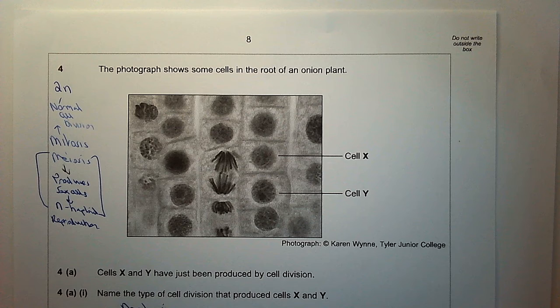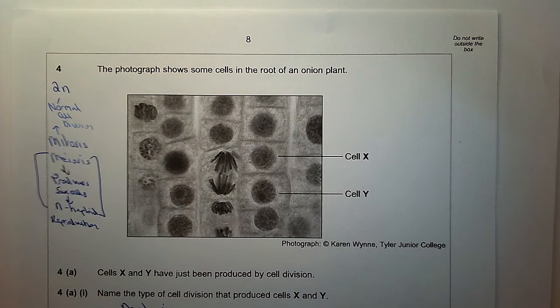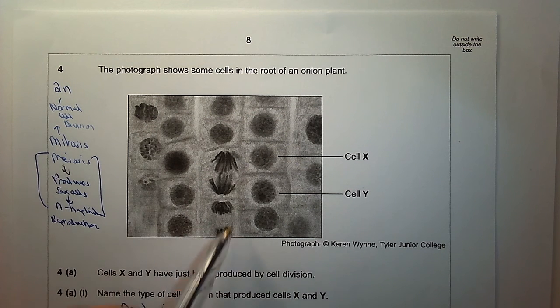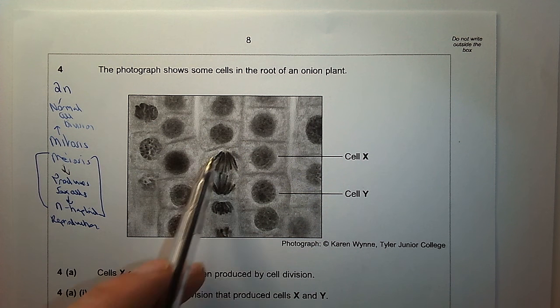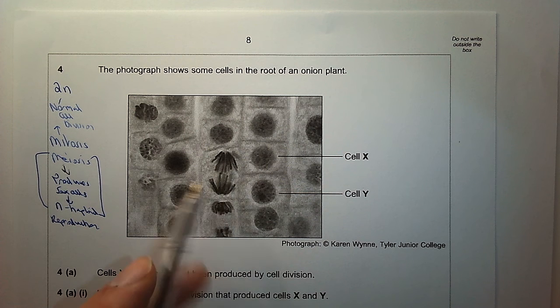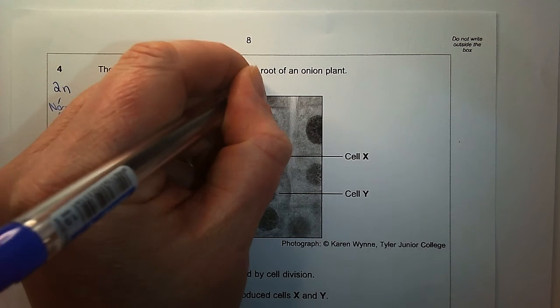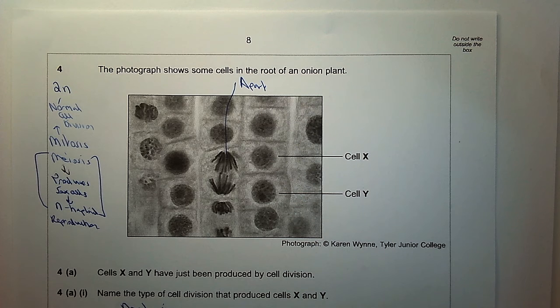If we just look a little bit closer at this diagram, in terms of stages of cell division, you can see there's different cells going through different stages. The cell here in the middle, these chromosomes are being pulled apart.